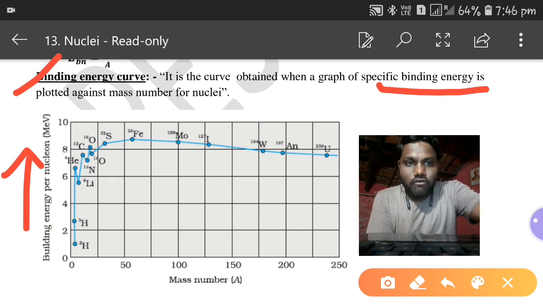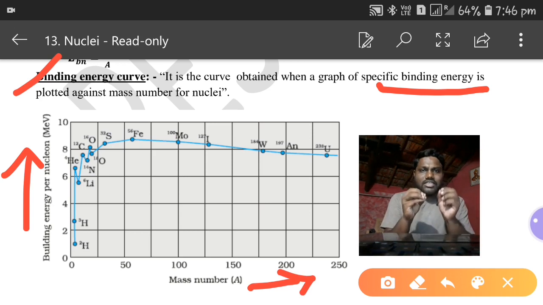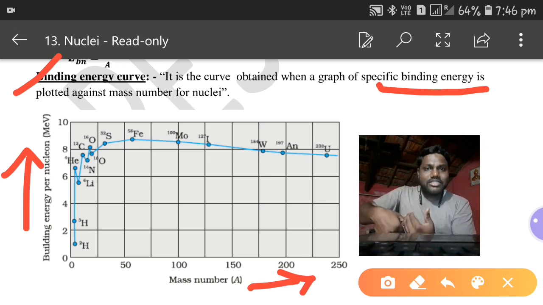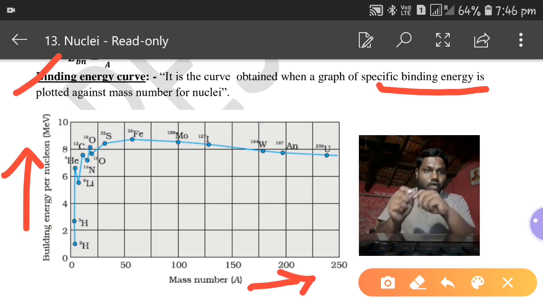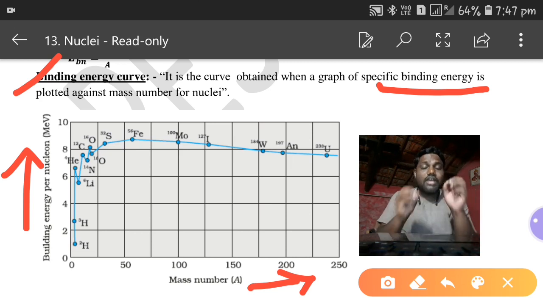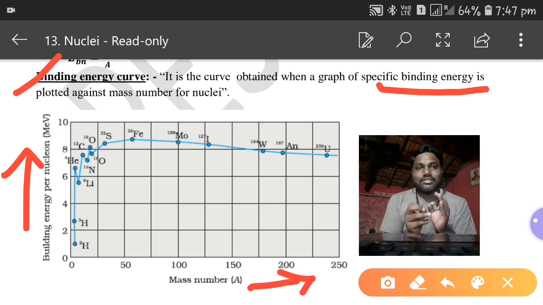Whatever curve is obtained is the binding energy curve.